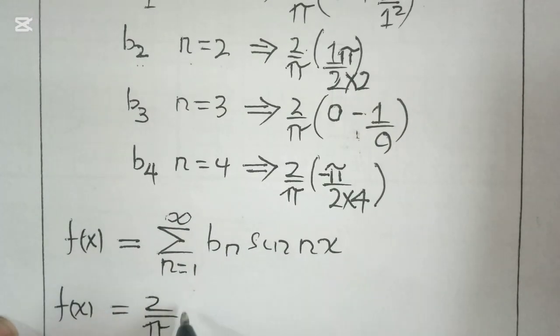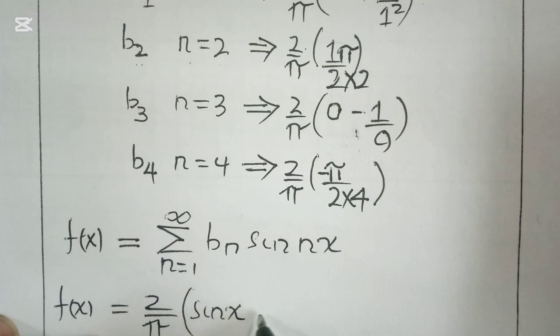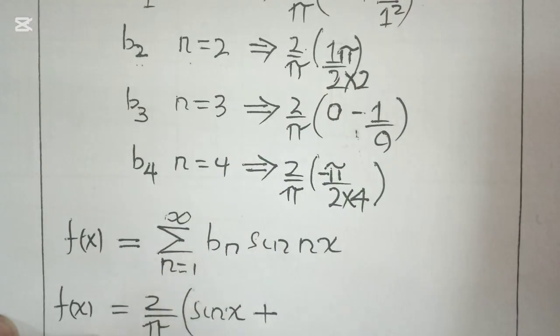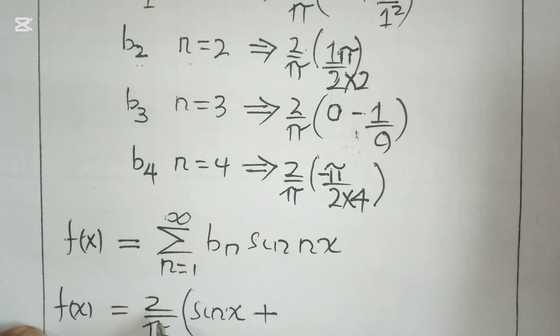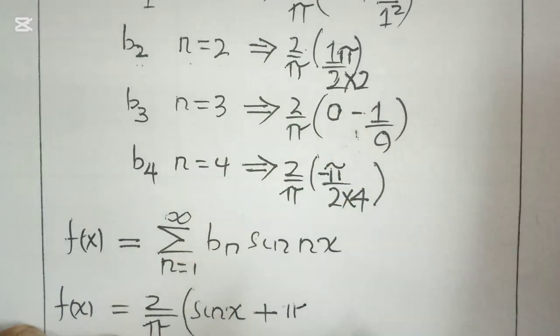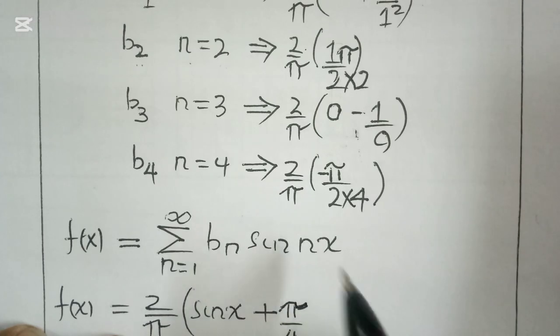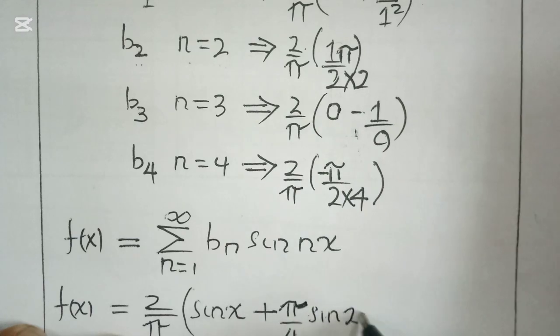We shall have now sine x plus, we go to b2. For b2, we have 1 all over 4, pi over 4. But now since we have these guys, we are going to write here pi all over 4, then sine 2x.